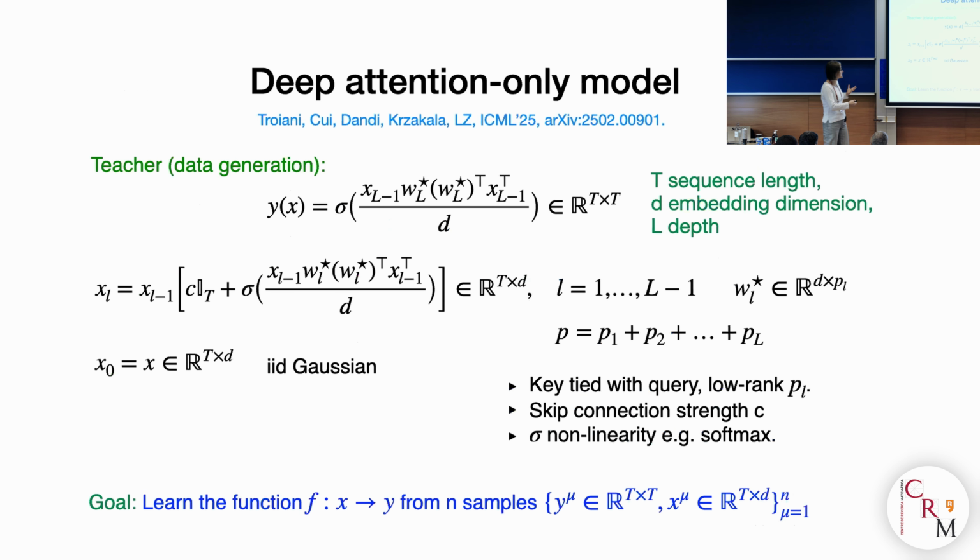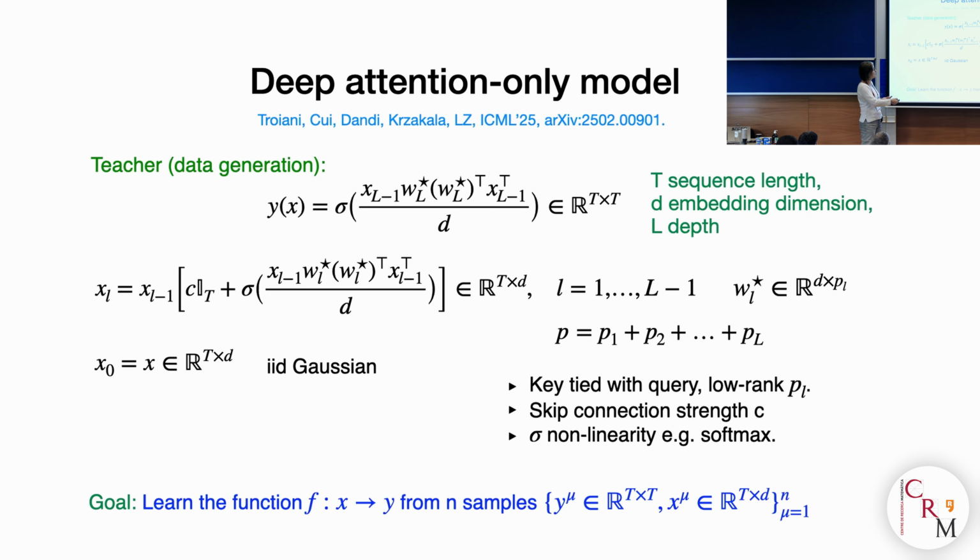And let me show you what I mean by that. That's when I take, as I said, the inputs to be just Gaussian IID numbers, T by D matrices. And all the structure that is being learned is in the function from the inputs to the outputs. And what is the function from the inputs to the outputs that I will be able to study using this tool, this model?